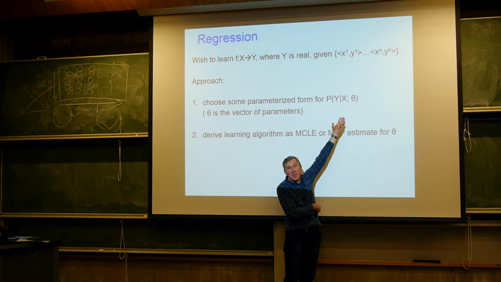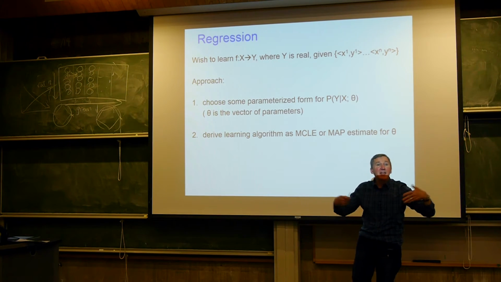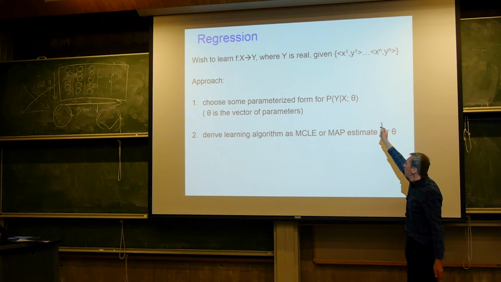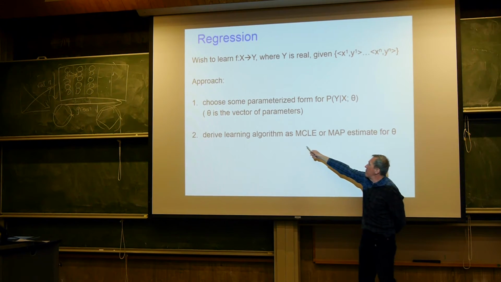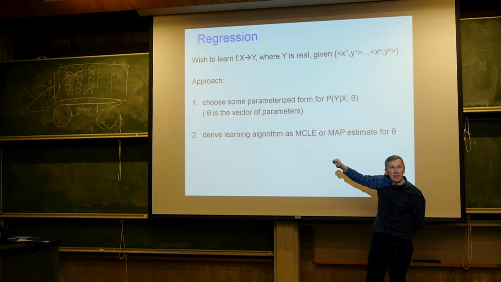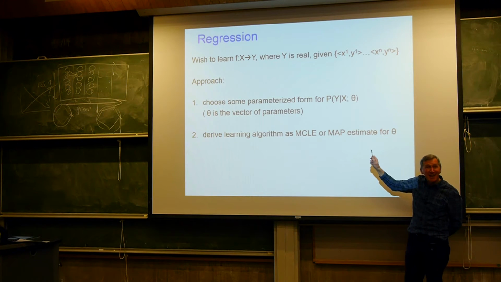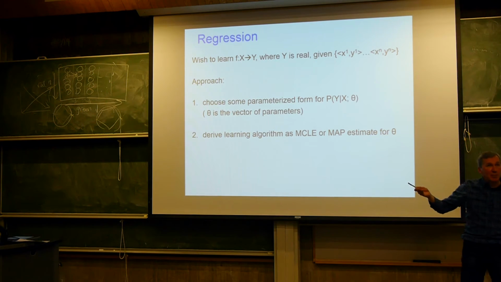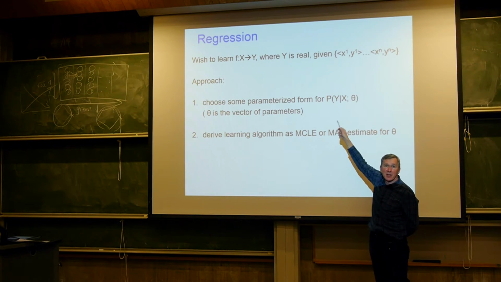Of course, y now is going to be a continuous random variable, so we'll have to take that into account when we're making this up. And then we'll just derive a learning algorithm. For example, we could again use maximum conditional likelihood estimation or the maximum a posteriori probability estimate, where we have a prior on our parameters. But it's exactly the same strategy we're going to use.